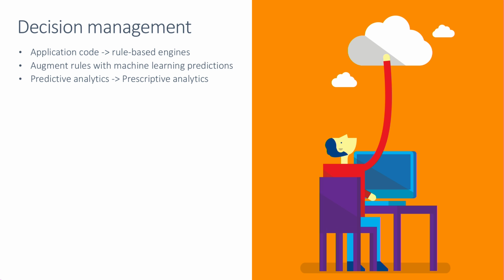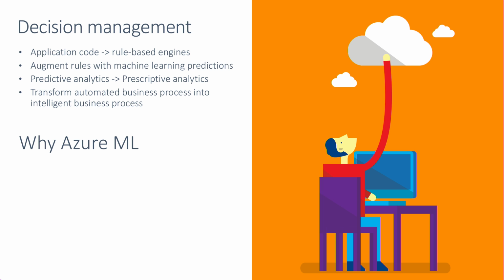So the next level is where we're trying to be prescriptive, in a way that, based on the predictions that I've made, how do we make this prediction more actionable and have the necessary feedback loop to get our decision makers to their desired destination. So the goal, obviously, is to transform an automated business process into an intelligent one.